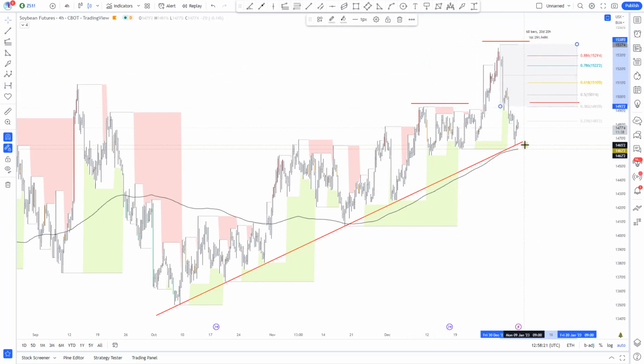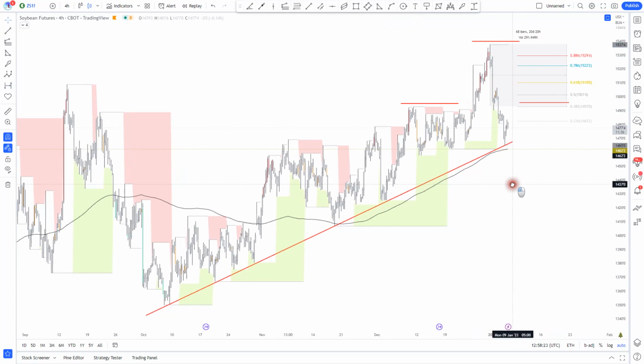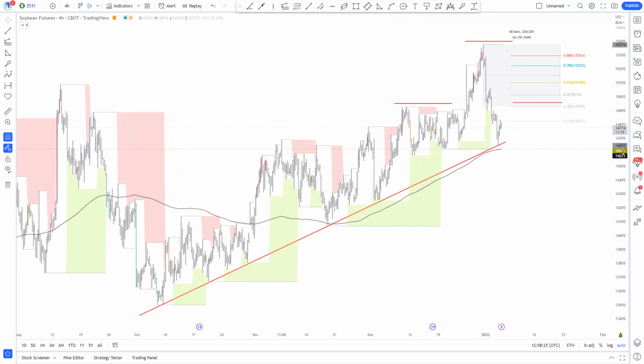But if that happens, I will pay attention to this support zone, 1462, as I said before, because it may offer a nice opportunity to short the soybean.